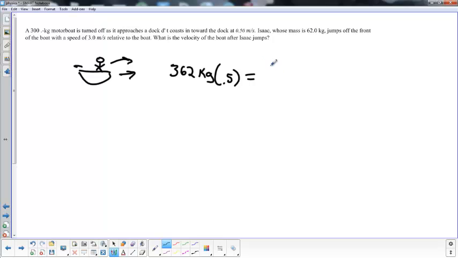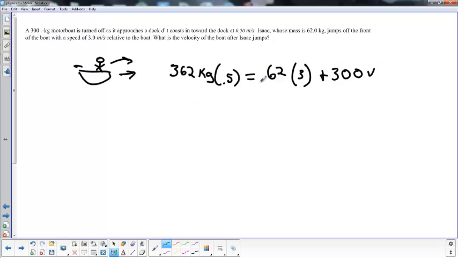So we know that Isaac is coming off, and Isaac is moving at, let's see, his mass is 62, and he jumps off the front of the boat with a speed of 3 meters per second, plus whatever the boat's doing. Well, the boat's got a mass of 300, and we're going to figure out what its new velocity is.